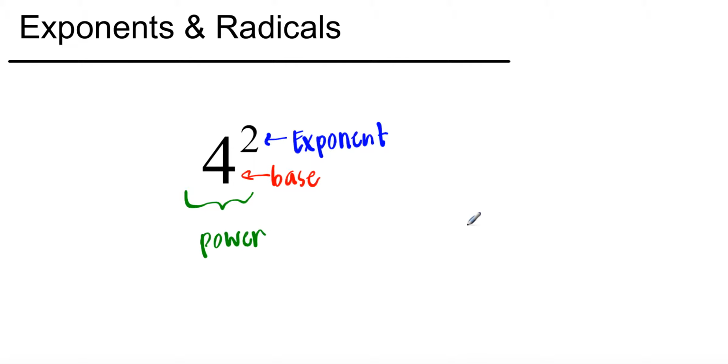Now, when we talk about radicals in a little bit, those pieces have specific names as well. So let's just say 4 squared is 16. That makes 16 a perfect square. And the 16 that's underneath the radical sign is called the radicand. And then, of course, the house looking thing is called our radical.